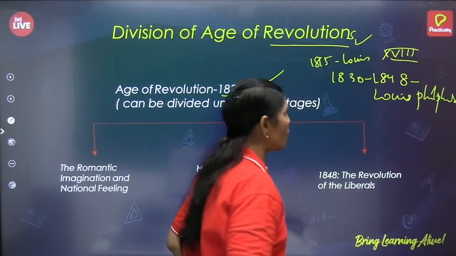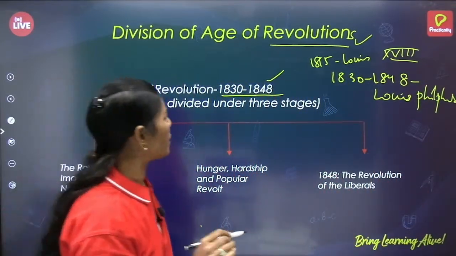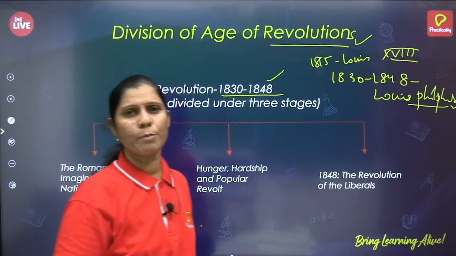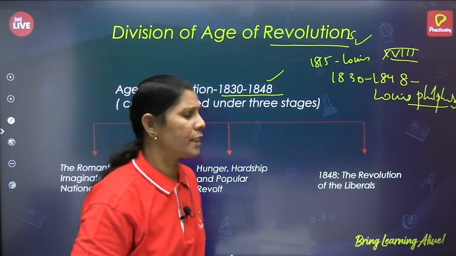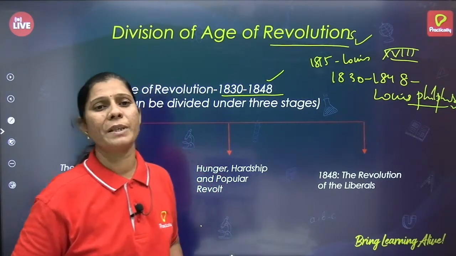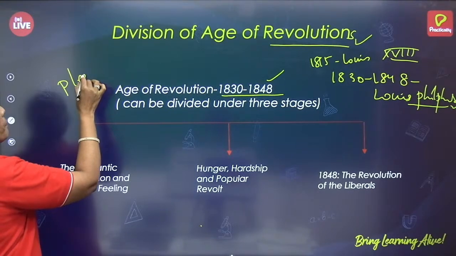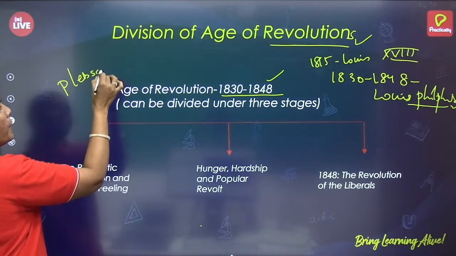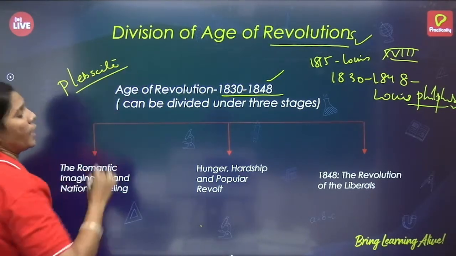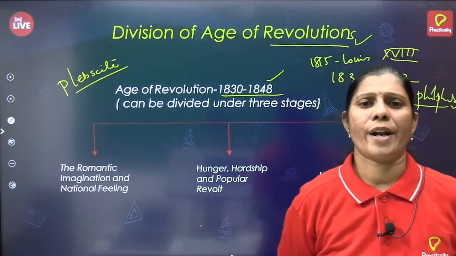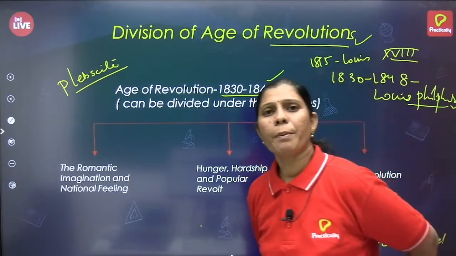Okay, so when Louis Philippe was ruling, there were intensified situations in the country and people were unable to accept him, and there was a process called plebiscite. Please note this word, children. Plebiscite is a process, especially in the European countries, whenever the people do not like or accept a king, they keep a referendum.